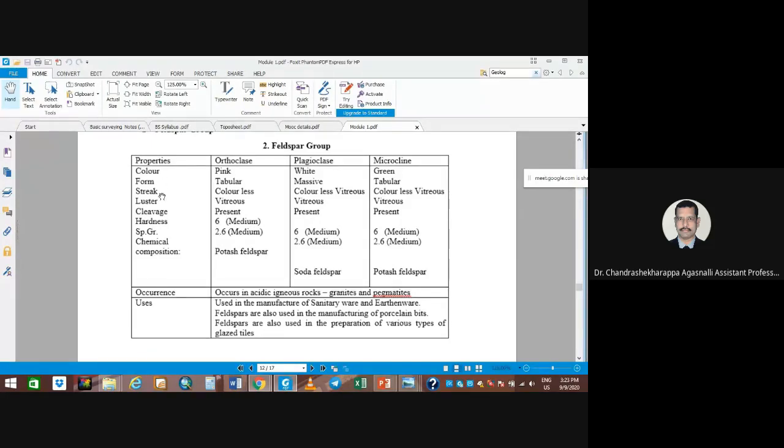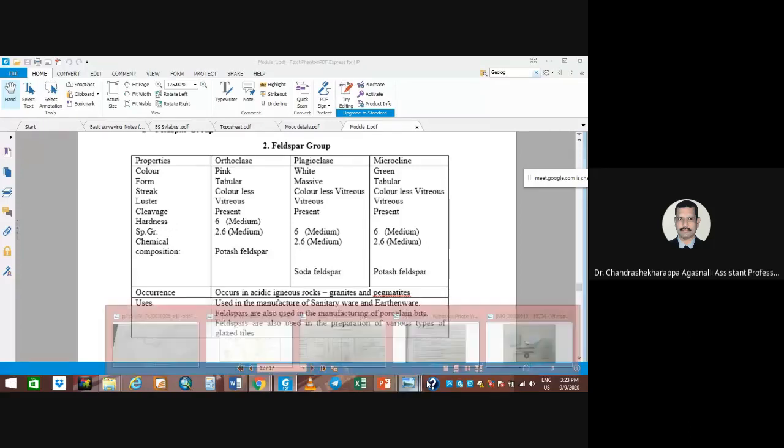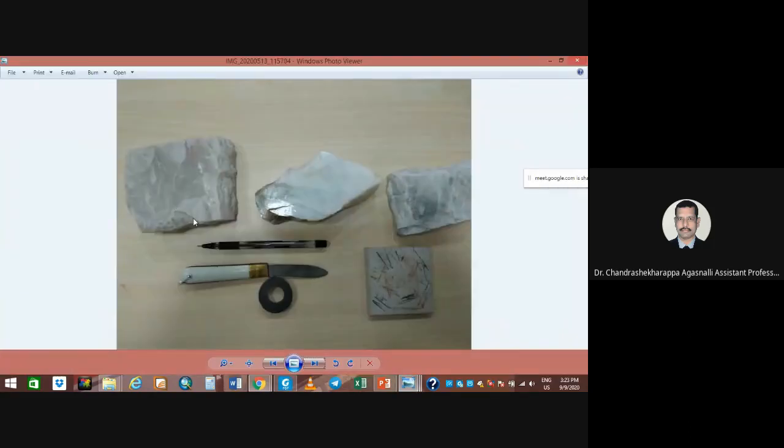And these properties may change. The color may change, form may change, streak may change, luster may change, cleavages may change. From place to place, these mineral properties may change. If these minerals occur in Karnataka, they may have slightly different properties.